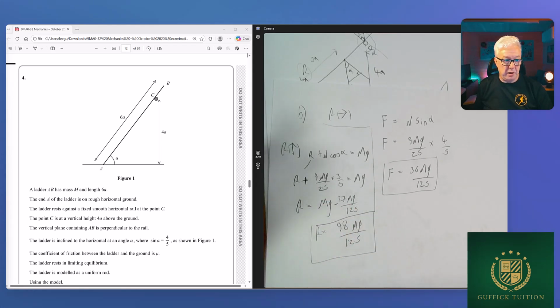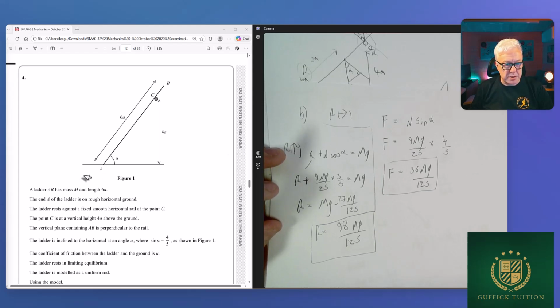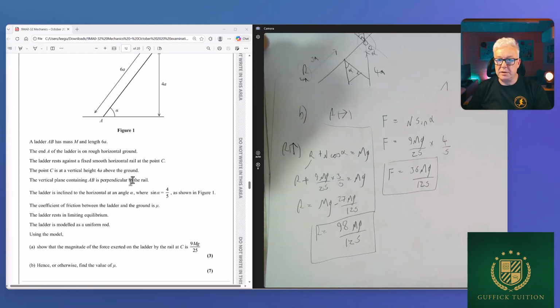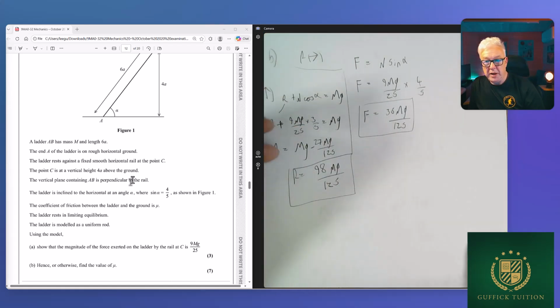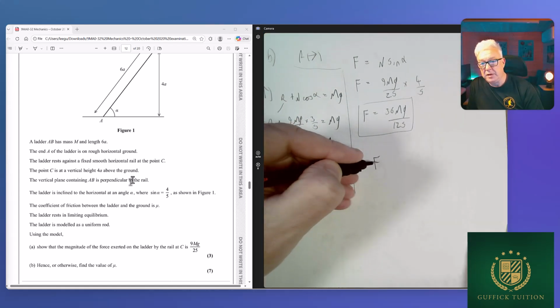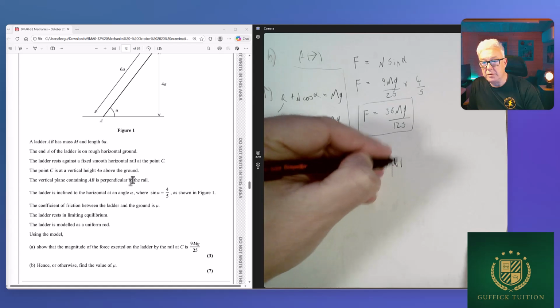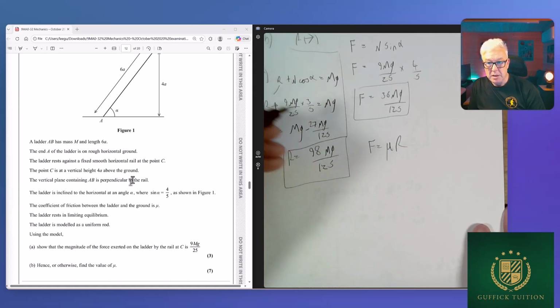How many marks was this? 7 marks. This is a real gift of 7 marks, I think. I mean, let's hope. I'm thinking now we can basically say that F is equal to mu R, because we're in limiting equilibrium. So we can put these in.